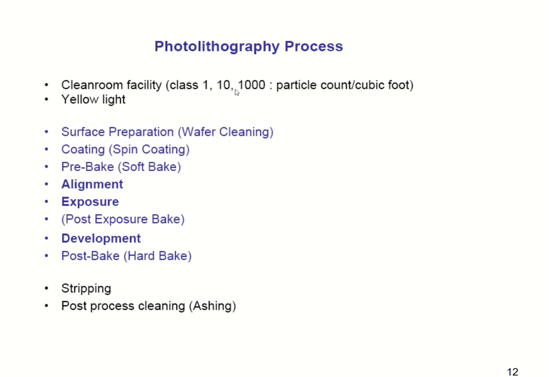People usually say that if you want to go one digit down, then you should spend about 1 million or 10 million. That's the range of money you should put in to make that clean room that clean.